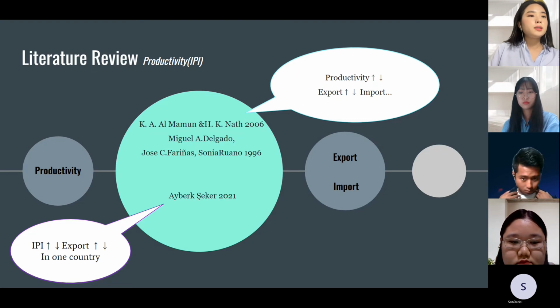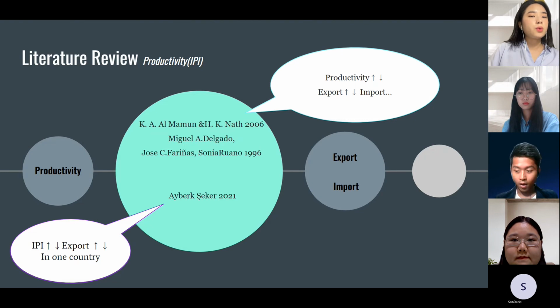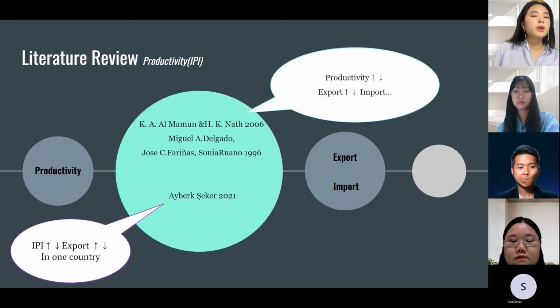However, it does not deal with the production line and import. ABAC has conducted a study showing that import increased as IPI increased. However, it was analyzed as a productivity indicator within Turkey. We will analyze what influence the two countries exert on each other with their IPI. Thank you.